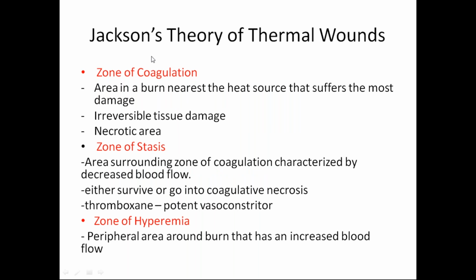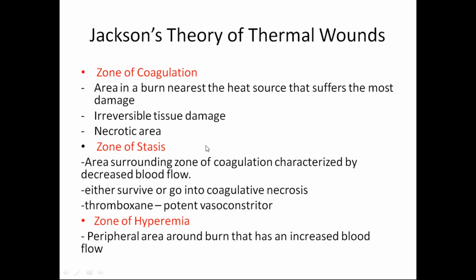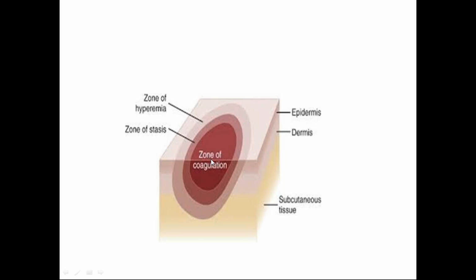And Jackson's theory of dermal wounds. This is zone of coagulation. Zone of coagulation is where the direct injury to the tissue occurs. Zone of stasis is surrounding the zone of coagulation, and zone of hyperemia is next to the zone of stasis. In case of zone of coagulation, the tissue is irreversibly destroyed already.